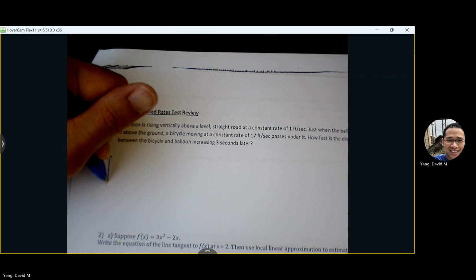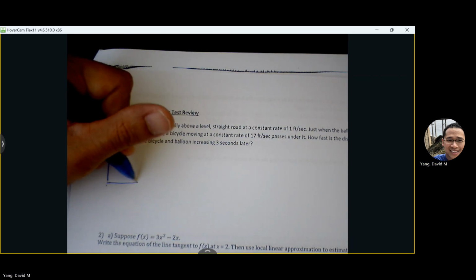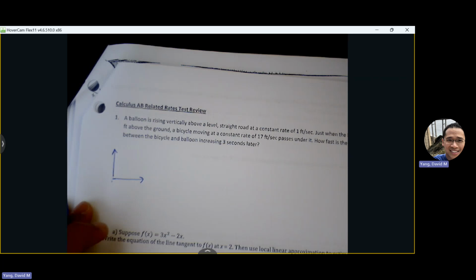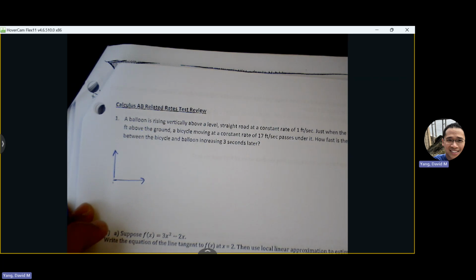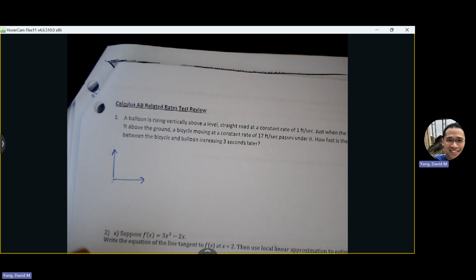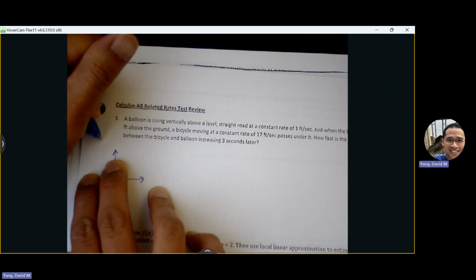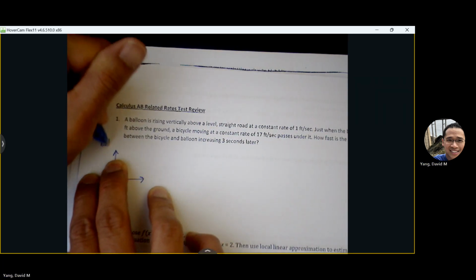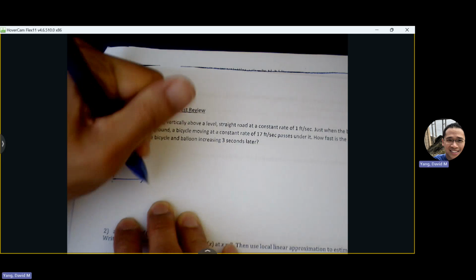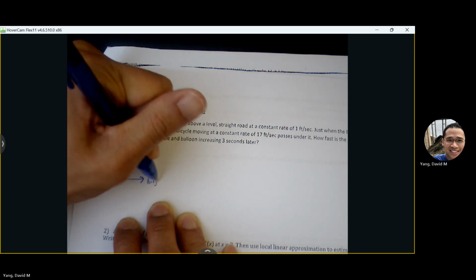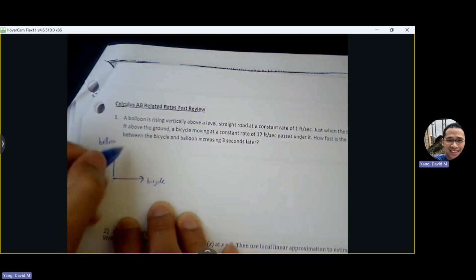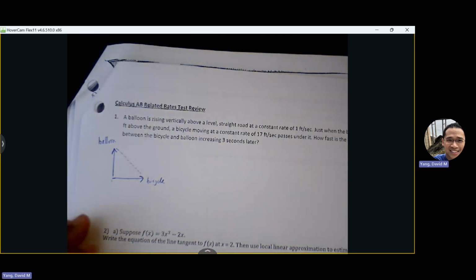So how fast is the distance between the bicycle and the balloon increasing 3 seconds later? So we have the balloon here. We have the bicycle here. And we're trying to figure out what is the rate of change between them 3 seconds later.